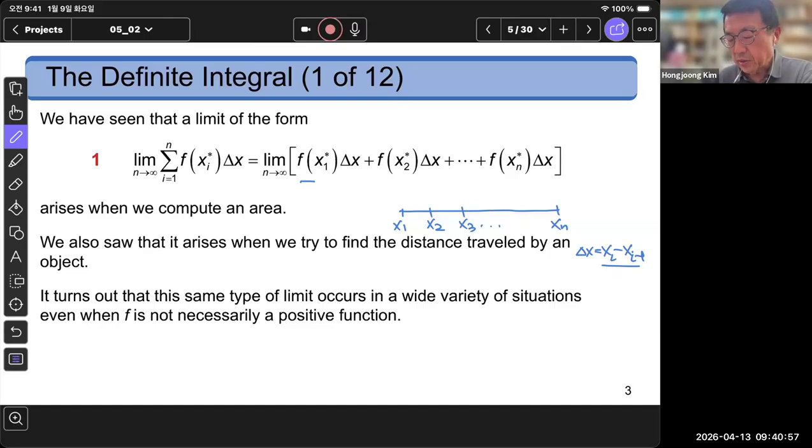In that case, if I have a certain function, and if I choose any point, say x1 star between x1 and x2, and any point, say x2 star between x2 and x3, and so on, and if you evaluate your function at x1 star, x2 star, and so on, then at x1 star your function has a certain value.